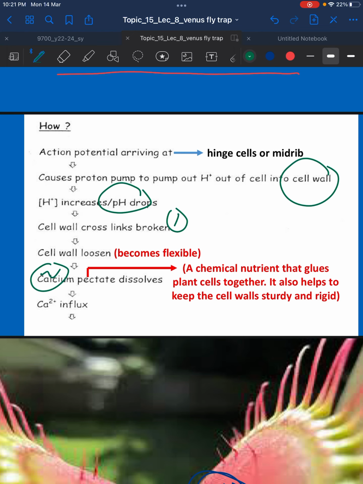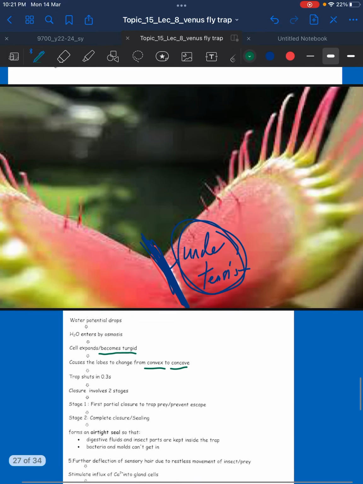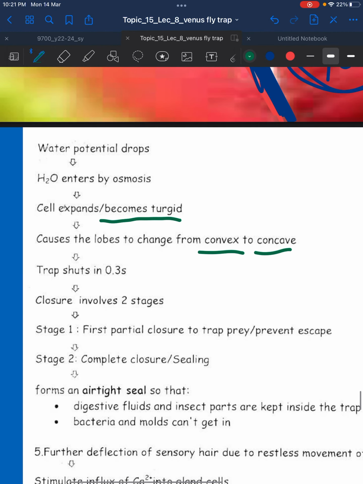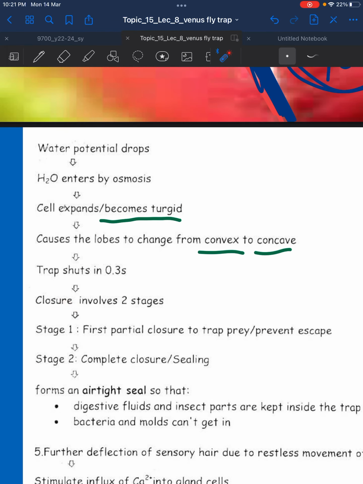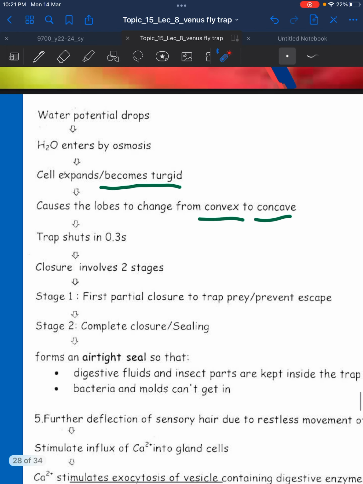And because of the influx of calcium, it will lower the water potential here, okay? So water will enter here, becomes turgid, and that's when it changes from convex to concave.